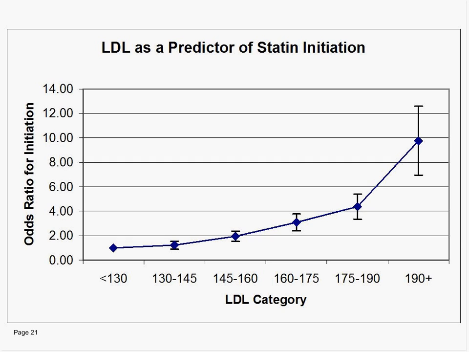The relation between LDL and initiation of statin therapy is nonlinear. As you can see in this curve, higher LDLs translate into much higher odds of receiving a statin. I incorporated LDL as both a linear and quadratic term in my model.